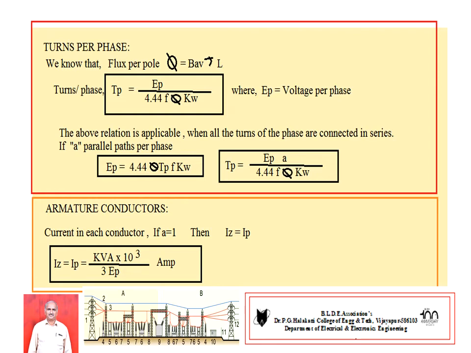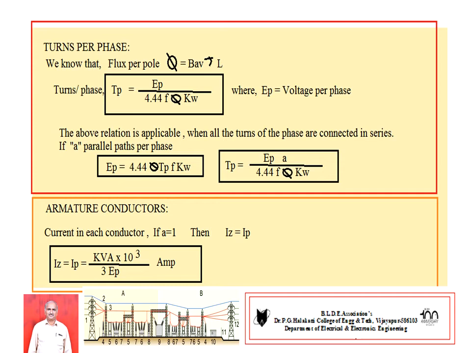Armature turns per phase equal to EP divided by 4.44 f flux into kW, where kW is the winding factor, EP is voltage per phase. Then if the machine has a number of parallel paths, modify the expression: TP equals EP into A, where A is the number of parallel paths. Remember that. Then go for design of armature conductors.